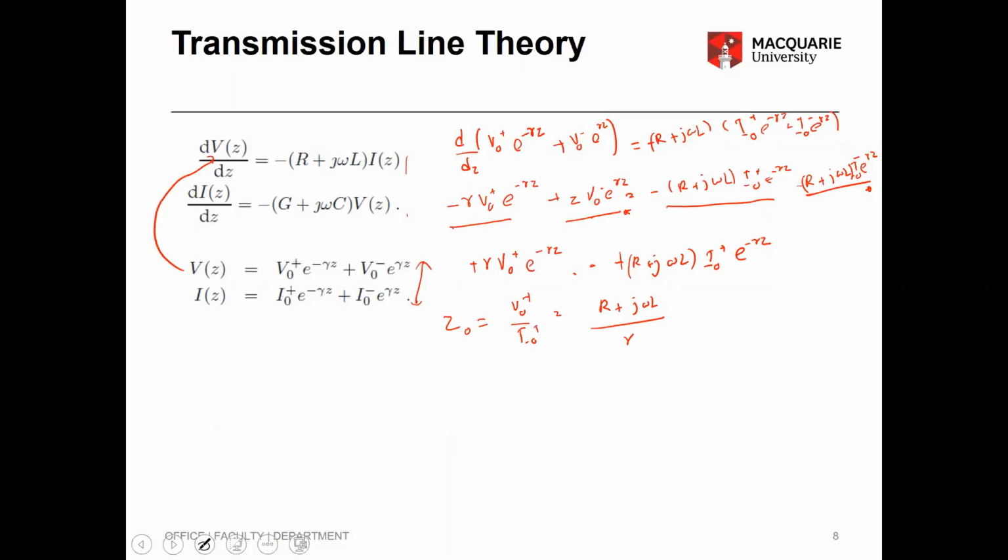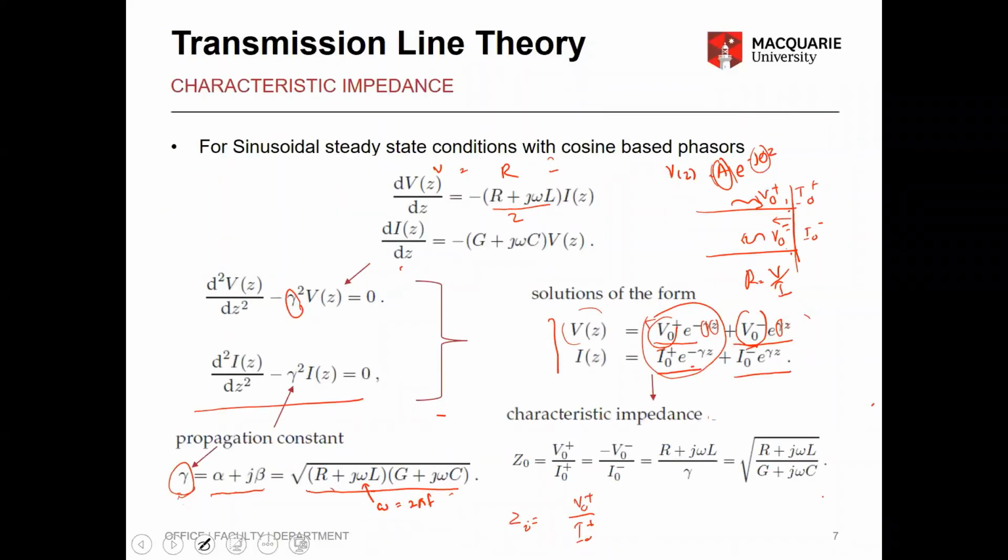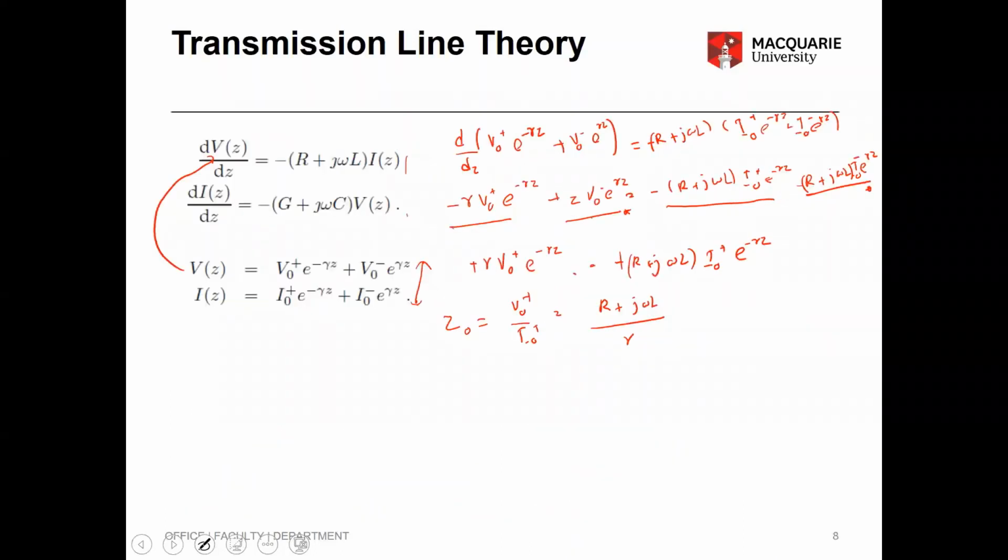Now gamma, as you know from the previous slide, when you find the solution for this, gamma is in the form of that. So gamma itself is, and you can simplify this.